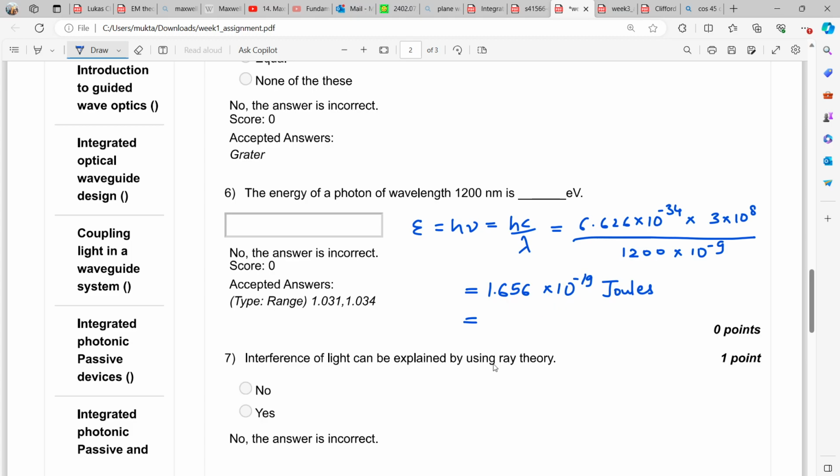The 10 power minus 19 cancels. So it will be 1.656 divided by 1.602 electron volts, which comes out around 1.033 electron volts.